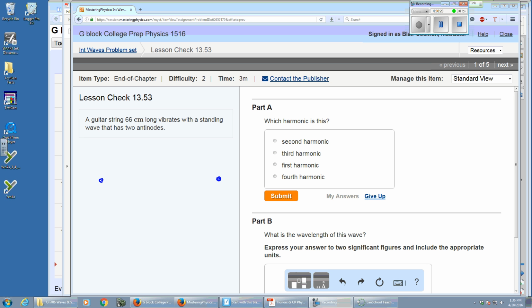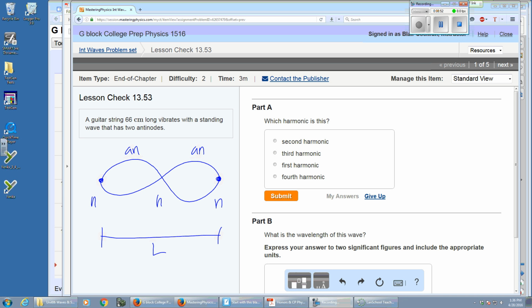And it's saying two antinodes. So I have an antinode and then another antinode. So there's my drawing, right? Node, antinode, node, antinode, node. Oh, and this is the length of my string, right?